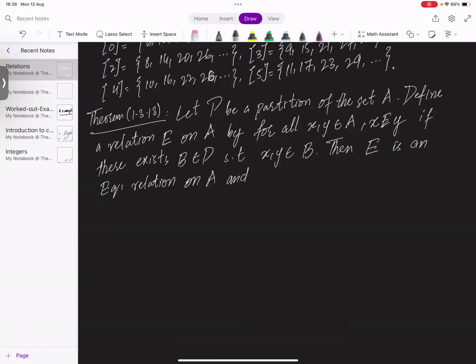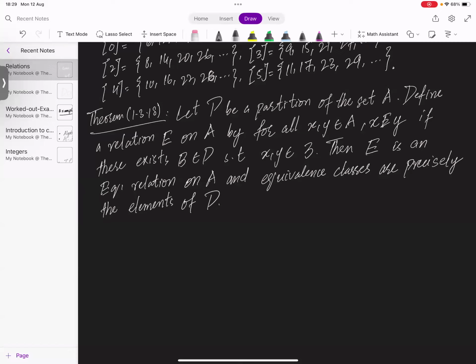and the equivalence classes are precisely the elements of P. So that's for sure.